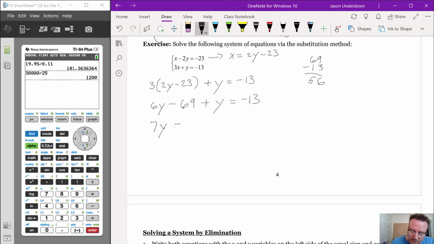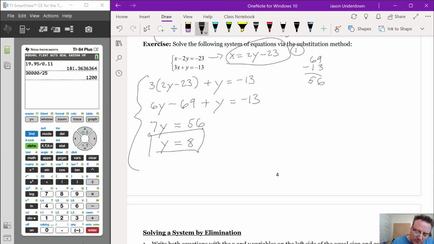So I get 7y equals 56, divide both sides by 7, and I get y equals 8. Once I've defined one of the values of my solution set, I like to box it. Now I've completed step 1 and step 2.